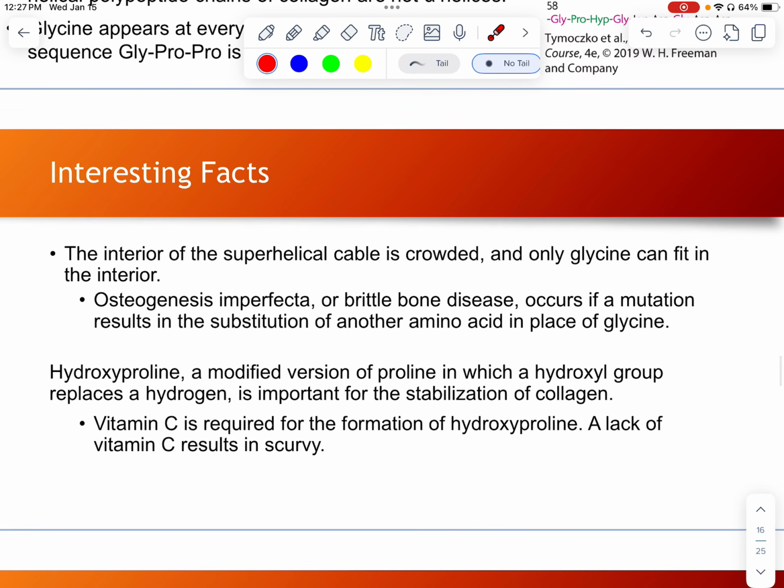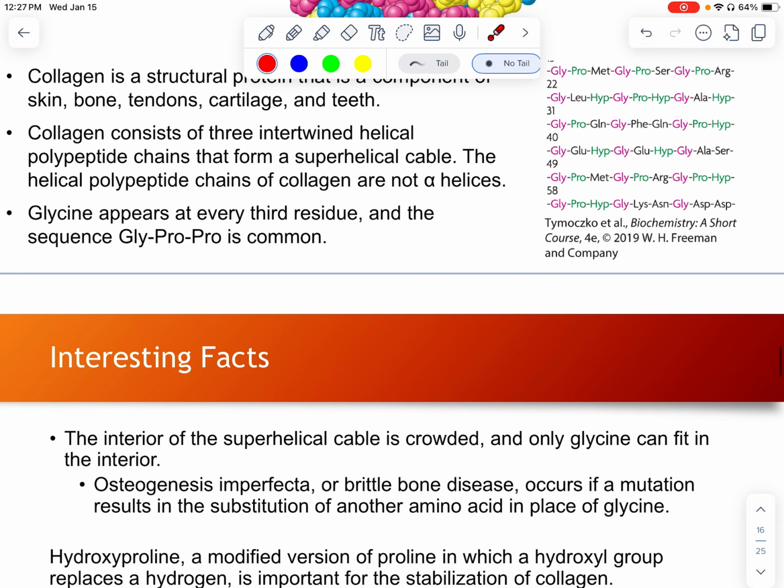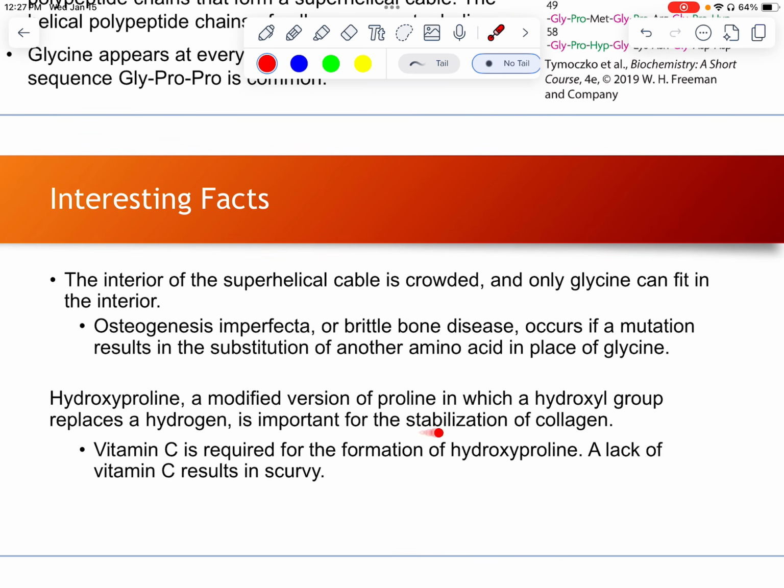Another interesting collagen fact. Hydroxyproline is a modified version of proline in which you have a hydroxyl group that replaces a hydrogen. And it turns out that this hydroxyproline is actually what's used in a lot of this structure. It's important to stabilize it because it allows for more hydrogen bonding. So you've heard of scurvy.